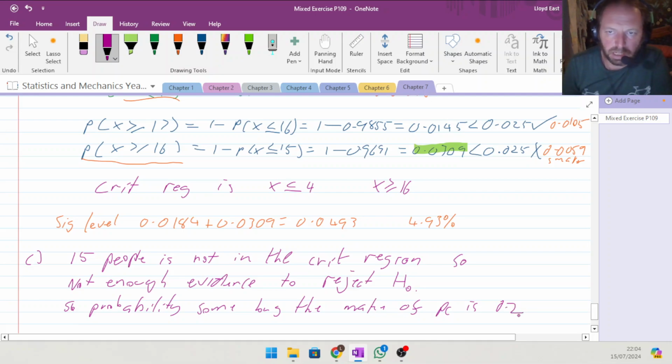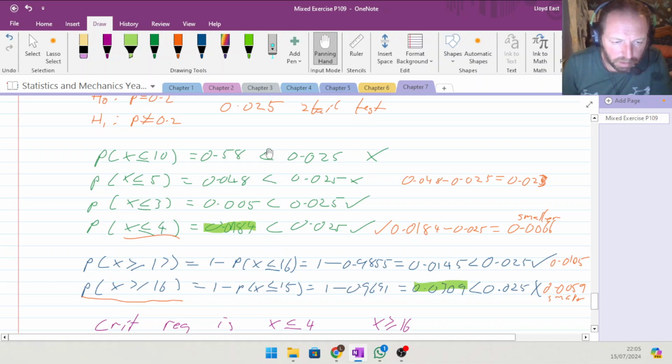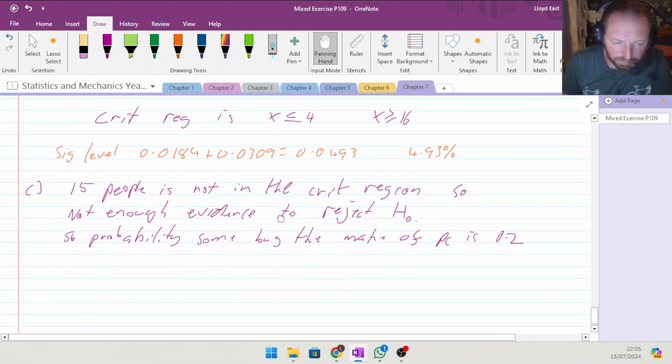We are accepting the null hypothesis. So 20% of people buy that PC, even though 15 out of the 50 purchased it, which is fine. Okay, right, done.